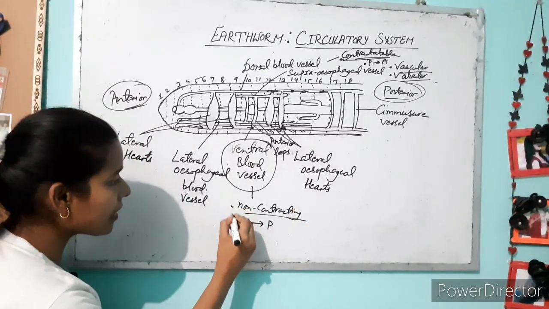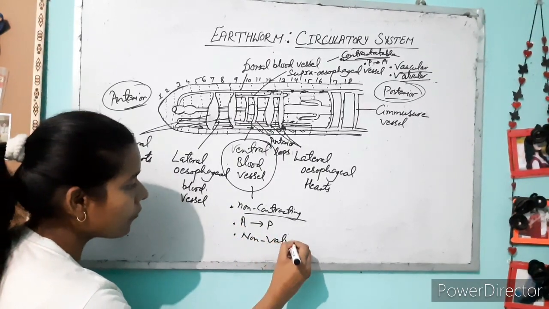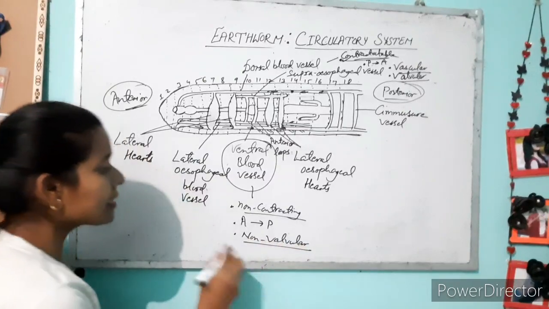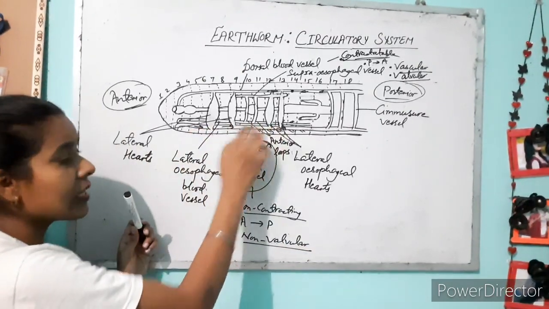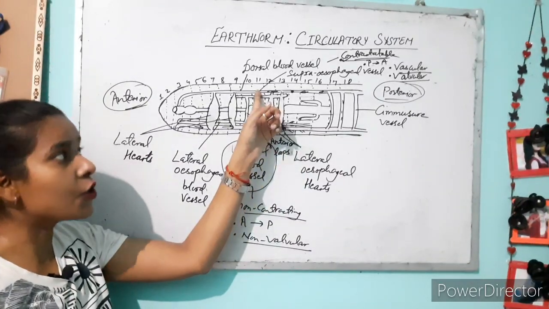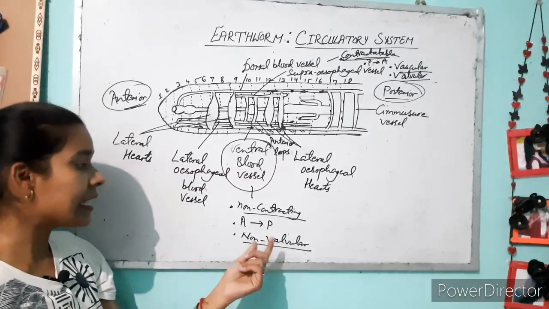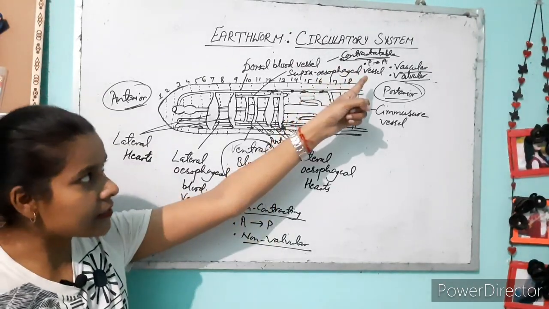One more point: it is non-valvular because there is no valve present in this tube. The valve is present on the dorsal blood vessel, not in the ventral blood vessel.